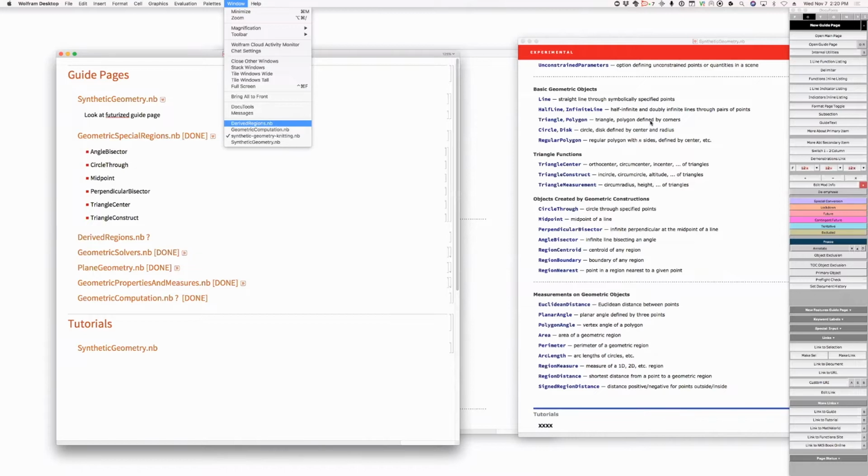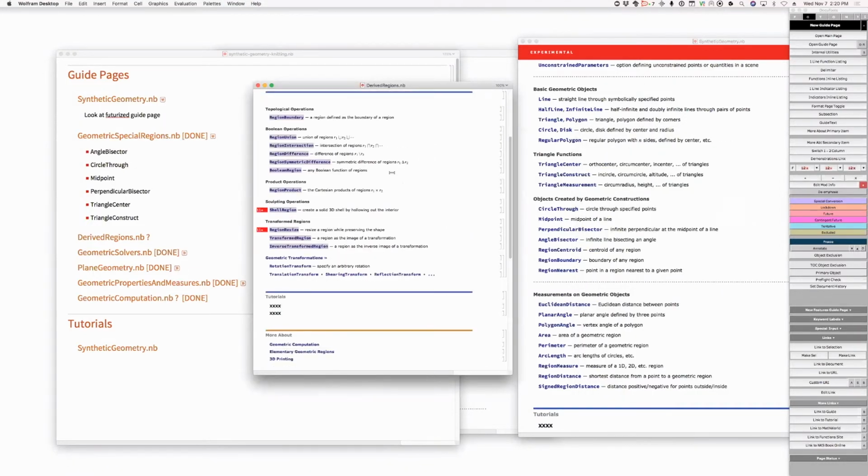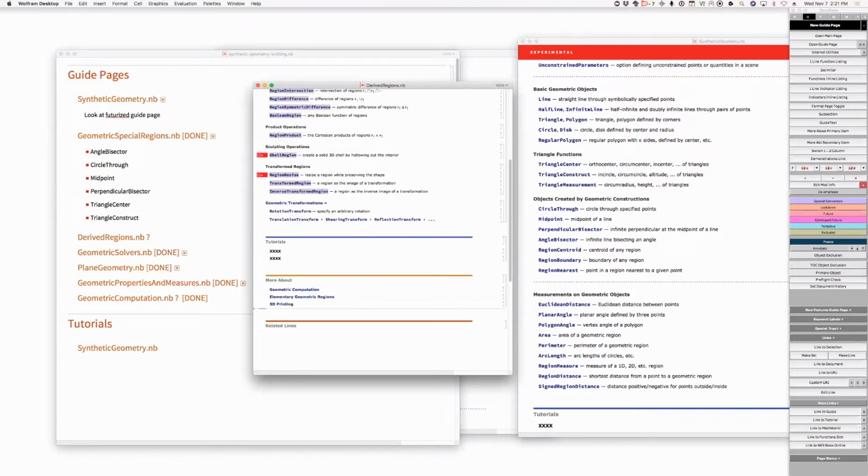So I don't think anything should go on here. Just want to get a confirmation of that. Yeah, let's put geometric constructions as a link here.